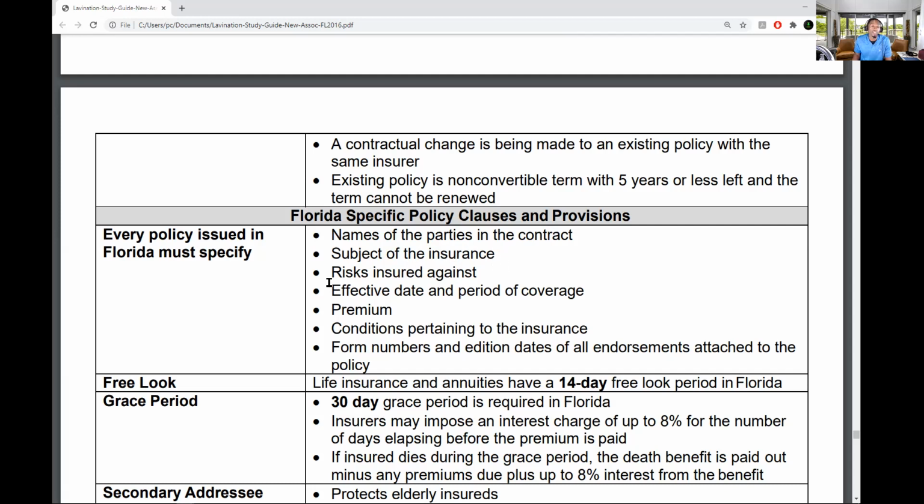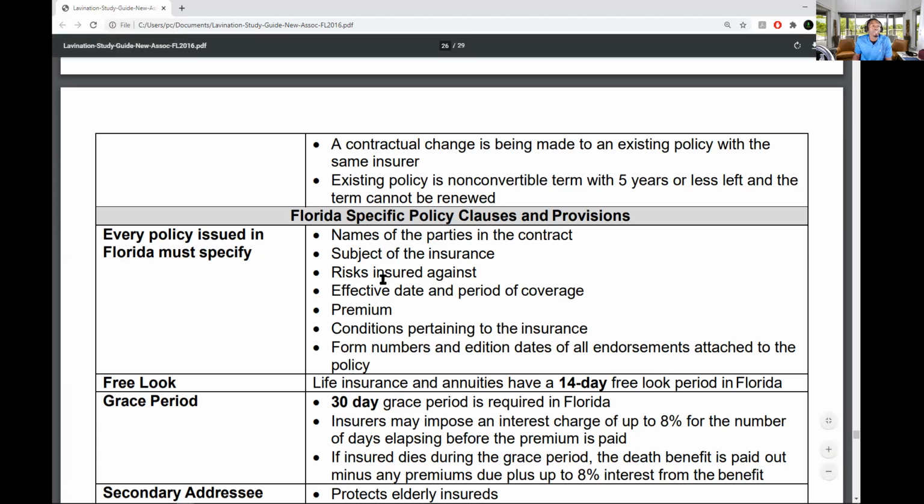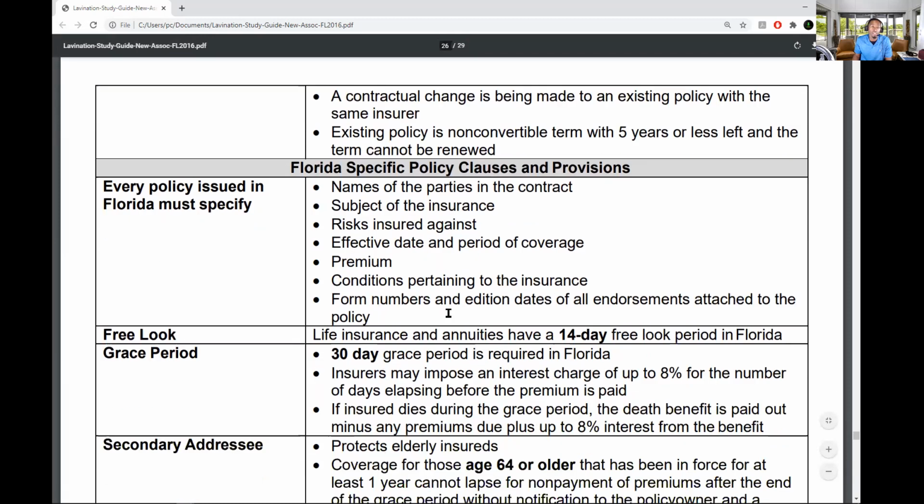Risk insured against. What am I insuring that person for? Effective date and period of coverage. Premium payment or amount, conditions pertaining to the insurance, also form numbers and edition date of all endorsements attached to the policy. So every policy issued in Florida must have those things.